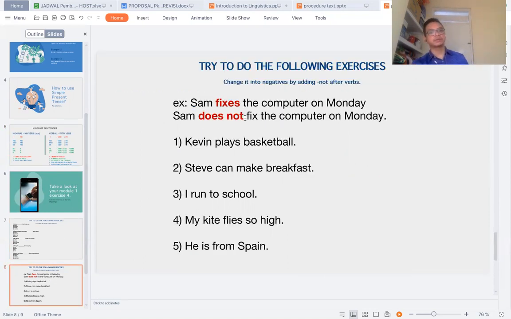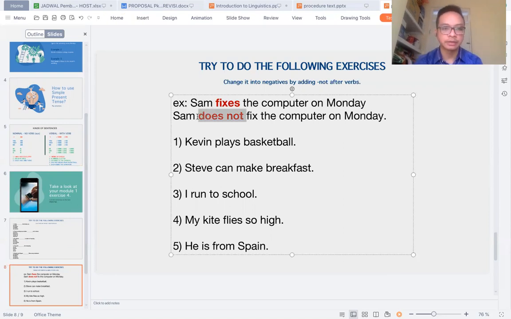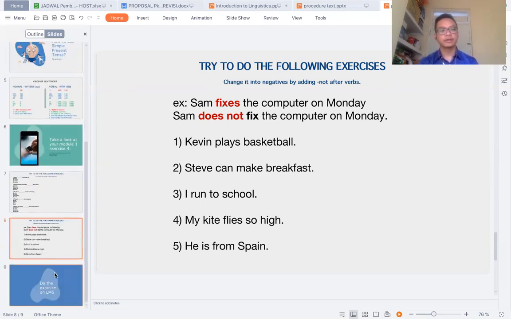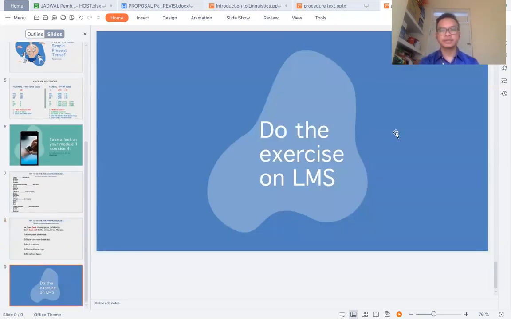Verbal itu tidak boleh langsung fix not. Harus ditambahi does not terlebih dahulu. Baru kata kerjanya. Gimana kalau nominal, Pak? Ayo, gimana? Ya langsung ditambah saja. Are not atau is not. Begitu saja. Oke. Next one, I want you to do the exercise on LMS.